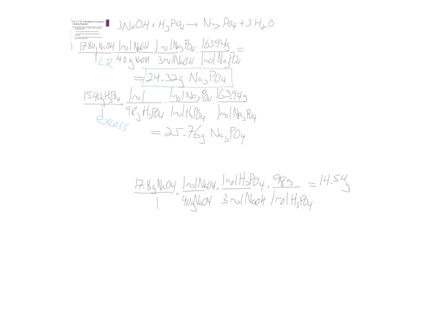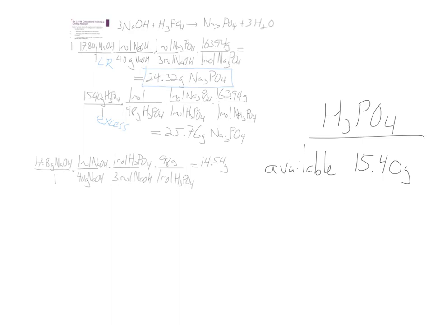Well, let's go back to our problem and see what we have here. We have available in the problem 15.4 grams of the phosphoric acid. That's my excess reactant. We just calculated that we only need to use 14.54 grams.